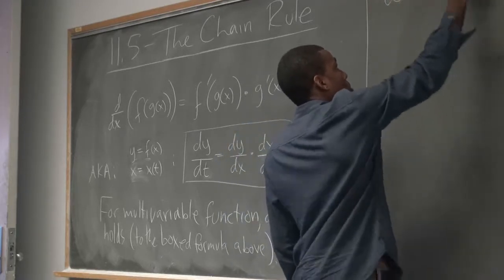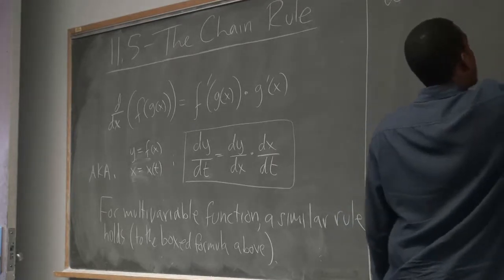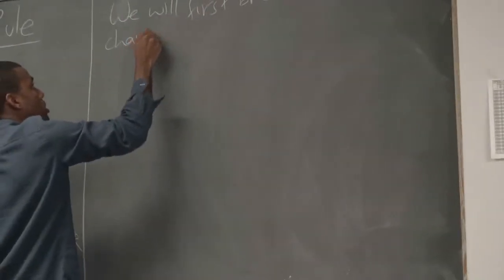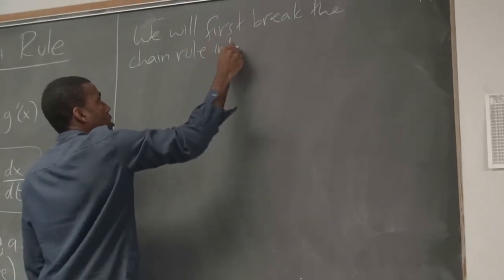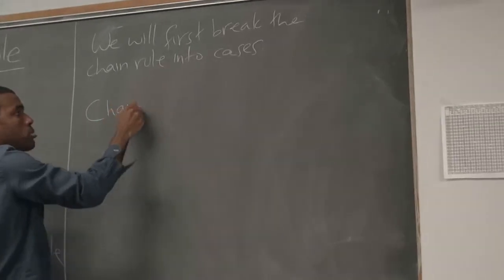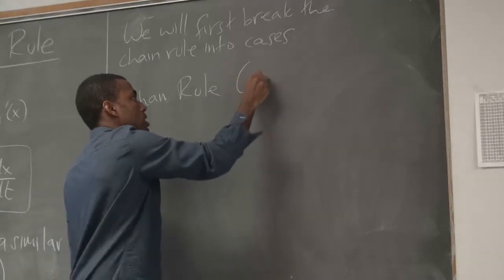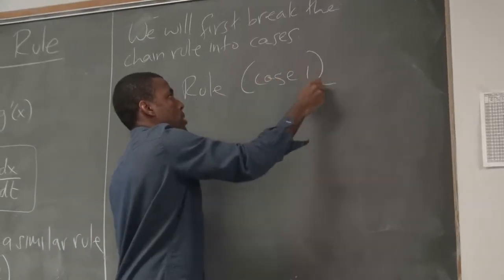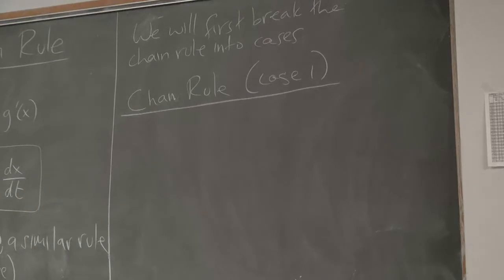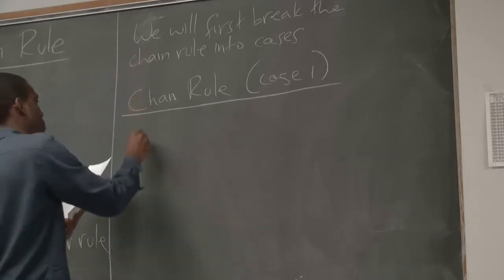We will first break the chain rule into cases. Your book breaks the chain rule into cases, so we're going to go through them case by case and then do an example. Chain rule case 1. This is when you have a multivariable function and each of the variables are defined in terms of a single other variable.